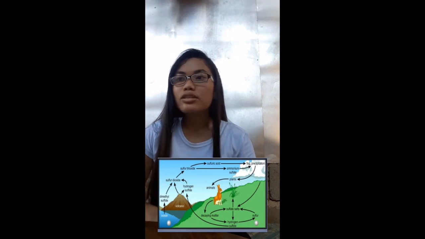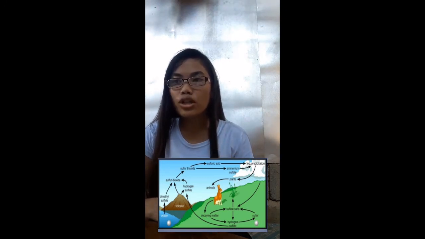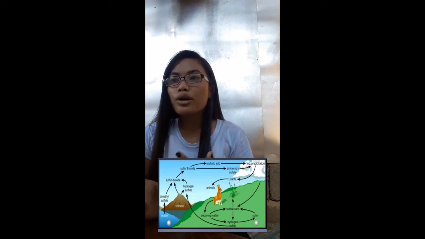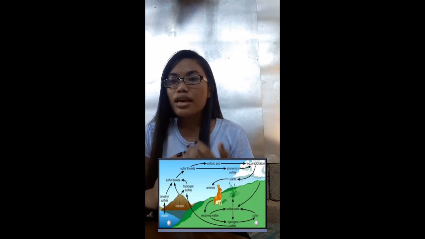All living things require sulfur to make proteins. Plants get sulfur by taking up ions of sulfate salts from the soil, and animals get sulfur by eating plants, and living things release sulfur compounds when they decay. Decomposition releases sulfate salt, which can be taken up by plants, as well as gaseous hydrogen sulfide.